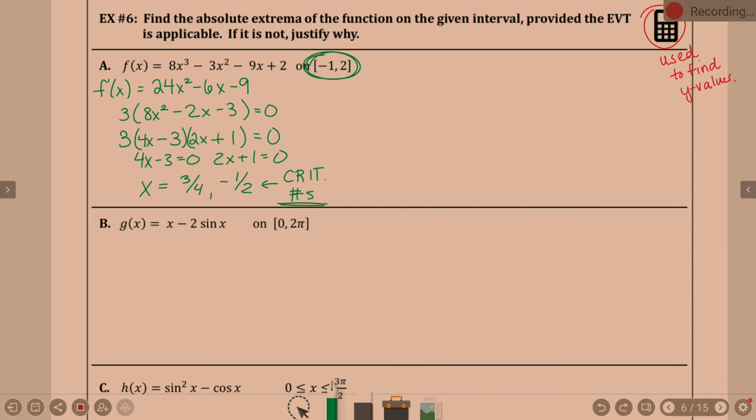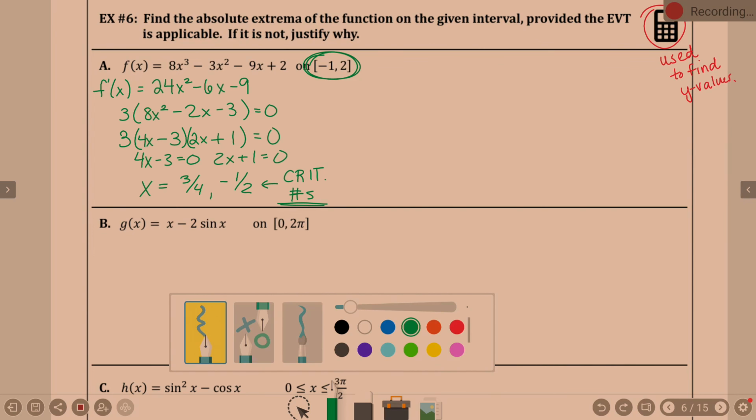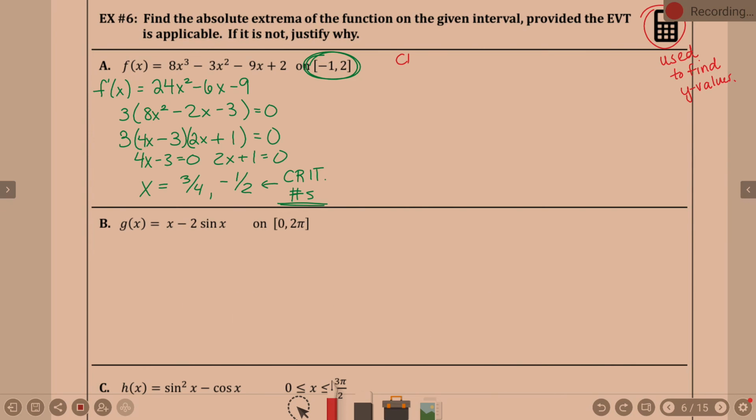And so what is called the candidates test: if I think x and f of x, I've got a negative 1 as an endpoint, a critical point of negative 1/2, a critical point of 3/4, and an endpoint of 2. Are you guys catching where all 4 of those points came from?